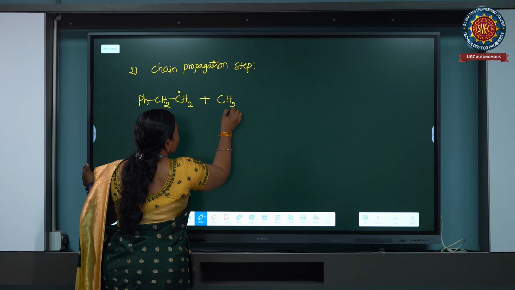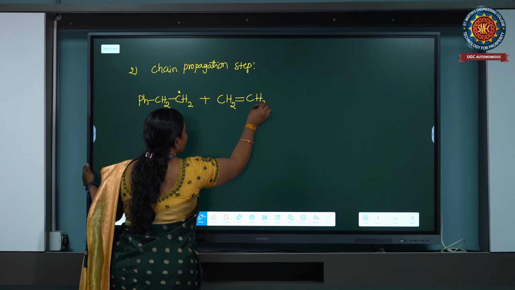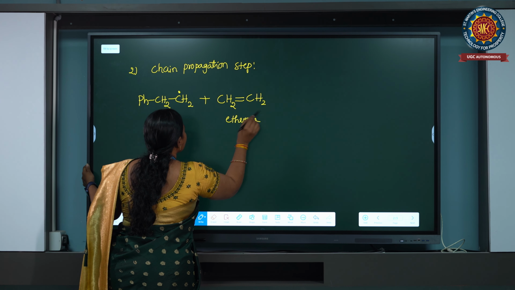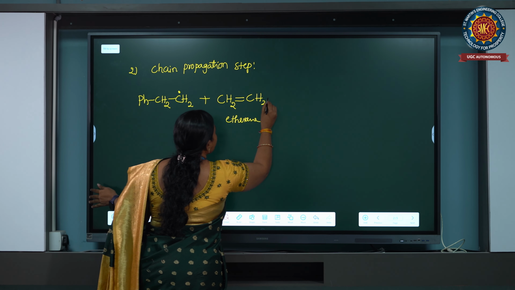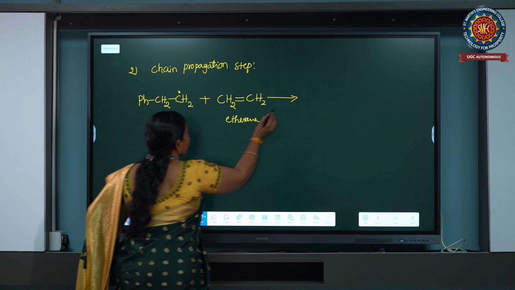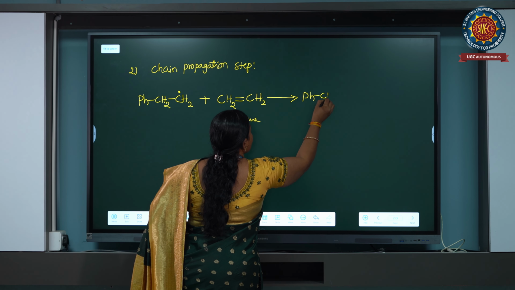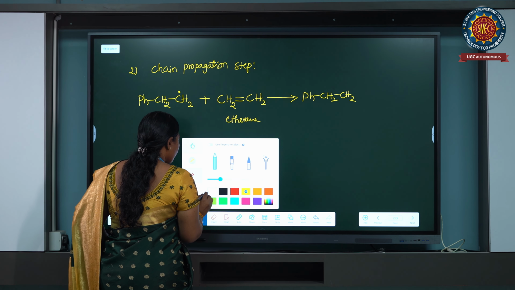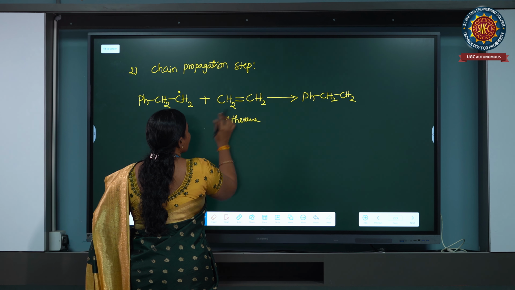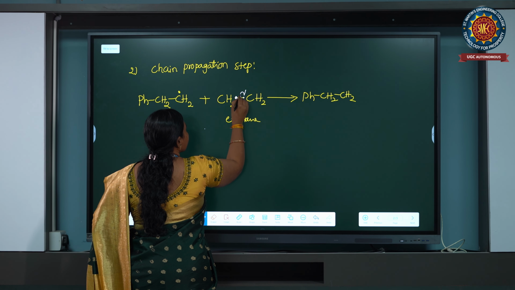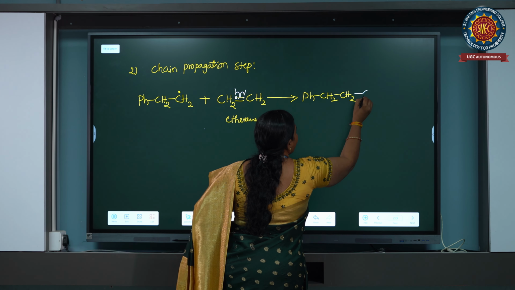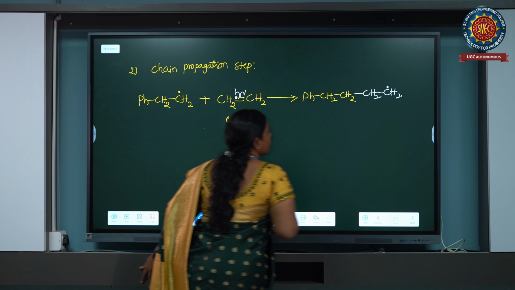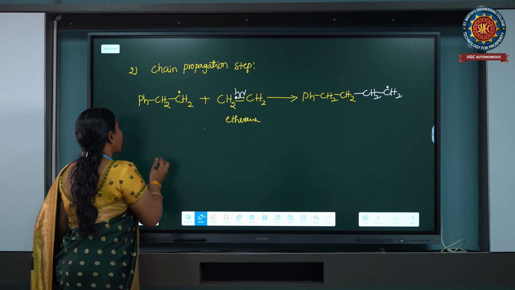And here I am taking another monomer, ethylene. Then we will get Ph CH2. Again this bond is going to break through homolytic cleavage and form another molecule combined with the CH2 radical.